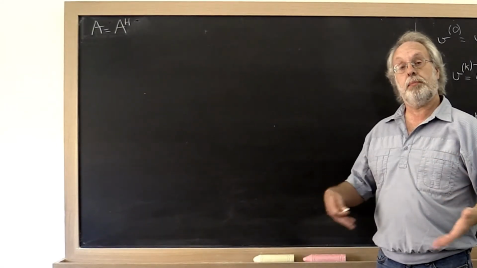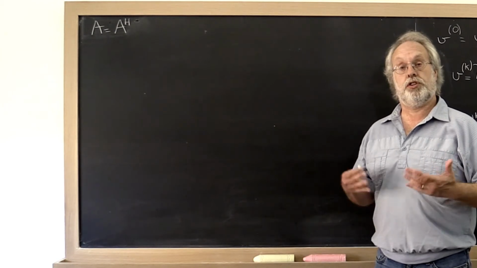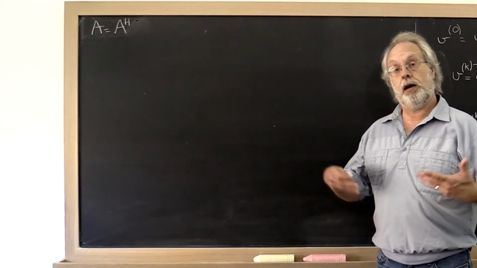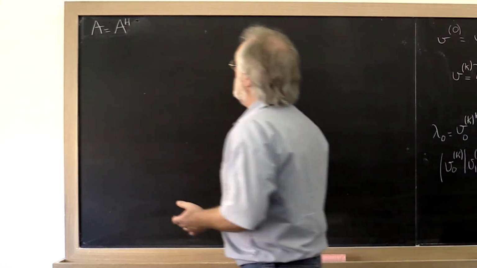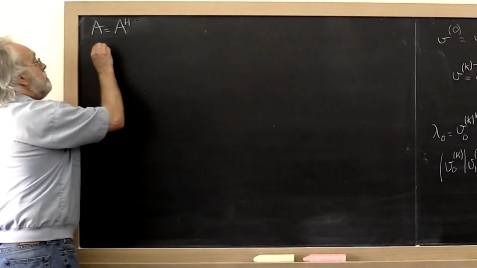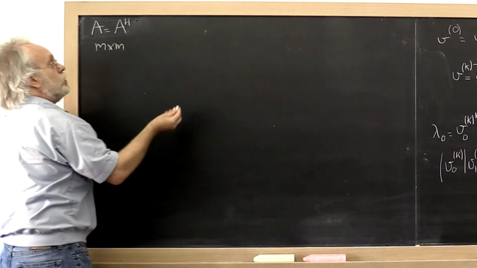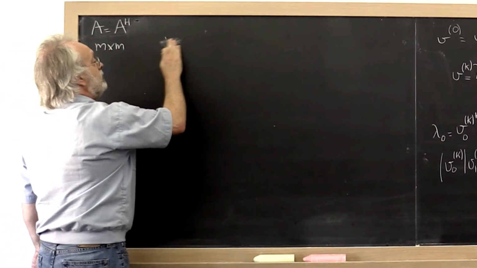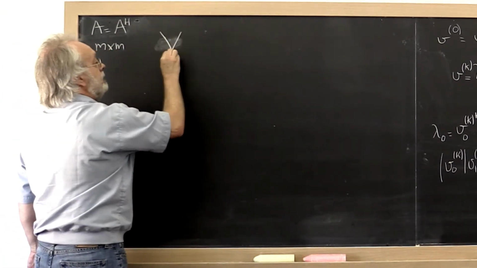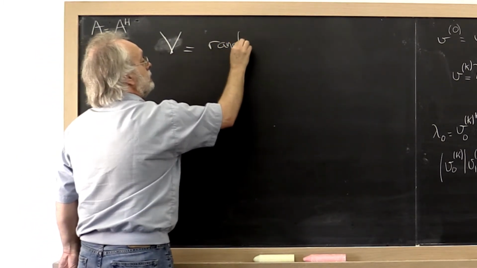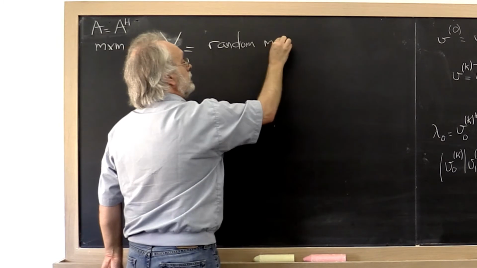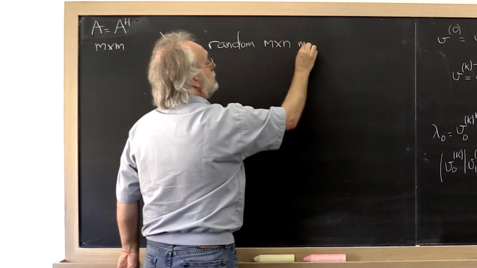So now that we've examined how one might do this with just two vectors, it's pretty obvious how we could do this with many vectors at the same time. So if our matrix A is m by m, then what we could do is initially let V be a random matrix that has n columns.